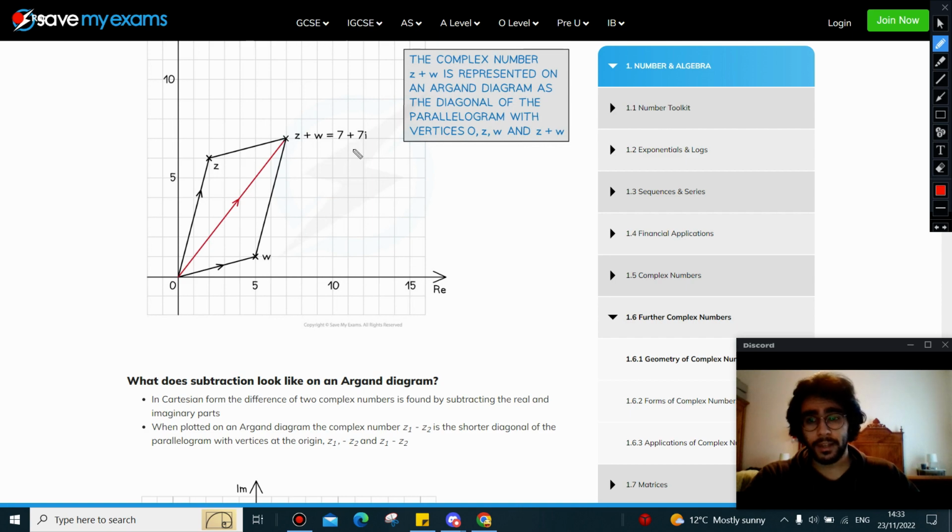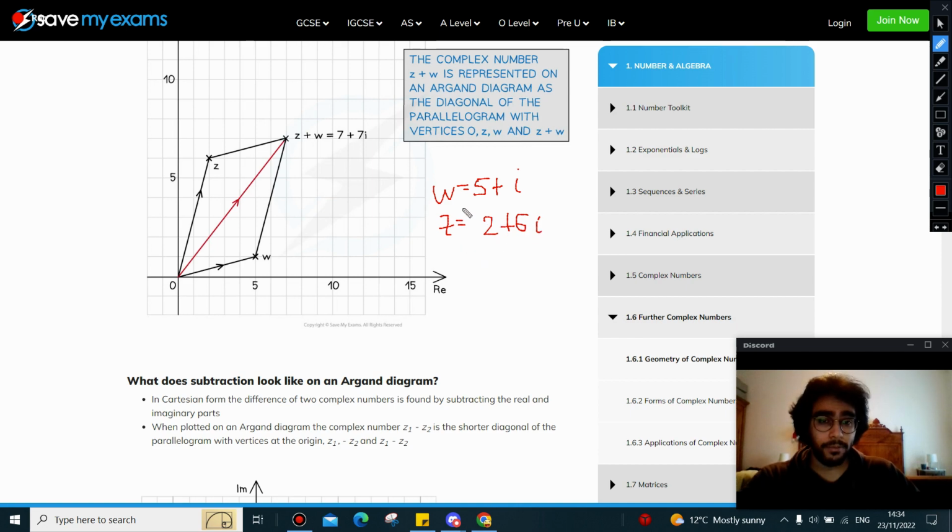You can use geometric addition of vectors, or you can notice this. So this w is actually 5 plus 1i, because the real part is 5 and the imaginary part is 1. This z here, the real part is 2 and the imaginary part corresponds to 6, so you write 6i.